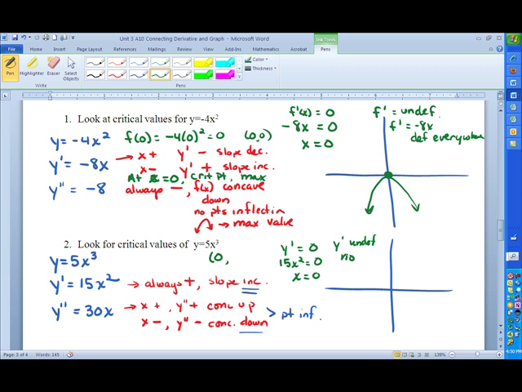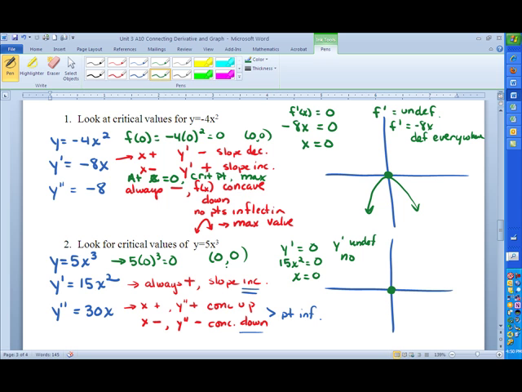If we had a fraction or something, you would have to worry about that. So to find our critical point, we plug in 0 and get 0 again, and that's just mere coincidence because I was starting with some basic functions. So (0, 0) is a point of inflection because it's our only critical point.